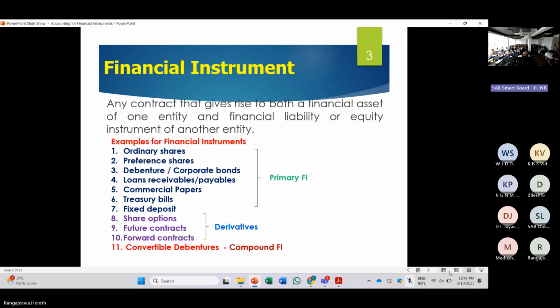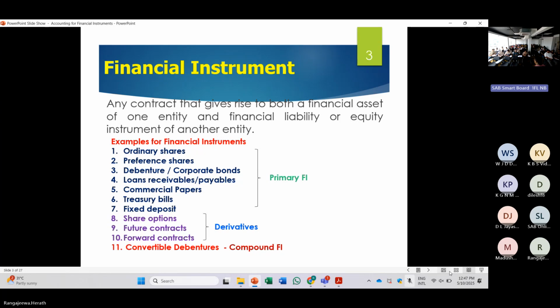Commercial papers, those short-term loans. When a company wants a long-term loan, it can issue a debenture. A company issues commercial paper to get short-term borrowing, right? So for the issuer, it's a financial liability. Government can issue treasury bills, you know, right? Treasury bill: the issuer, government, has a financial liability, and the investor has a financial asset.